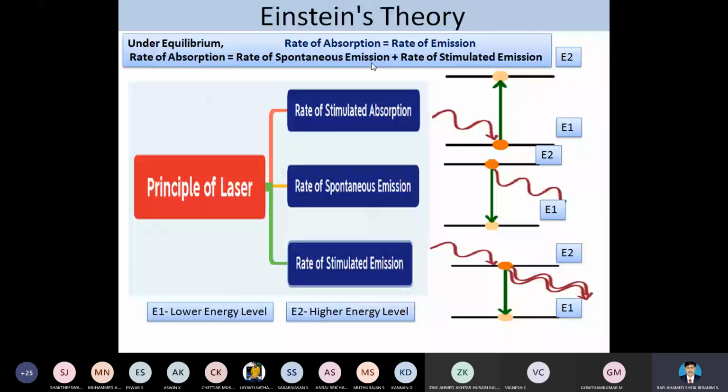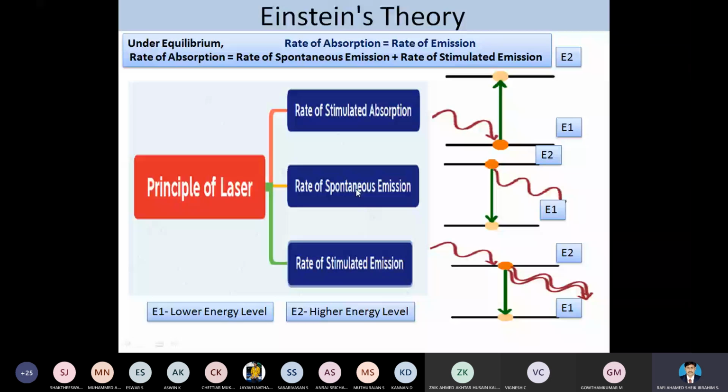See, under equilibrium, the rate of absorption is equal to the rate of emission. As we all know, the emission is of 2 types. One is spontaneous emission and the other is stimulated emission.